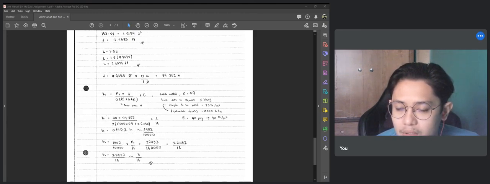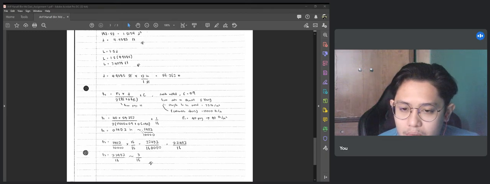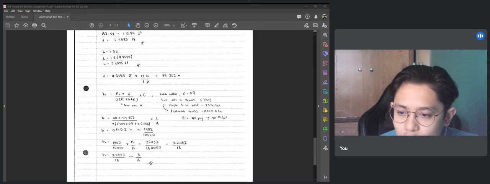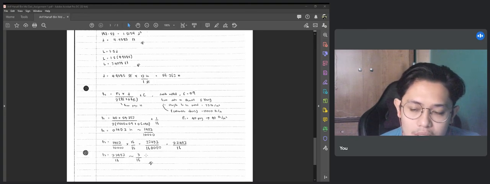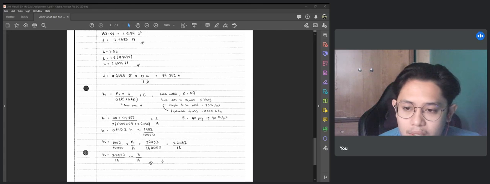I convert it into the fraction form. We need to change it in terms of denominator 16. So I multiply with 16 over 16, then we get 2.2432 over 16. So we need to make it into whole number.